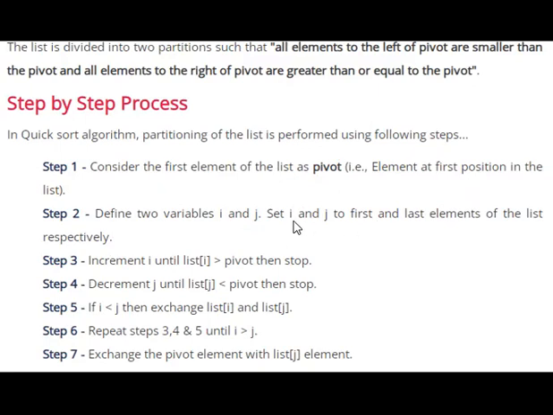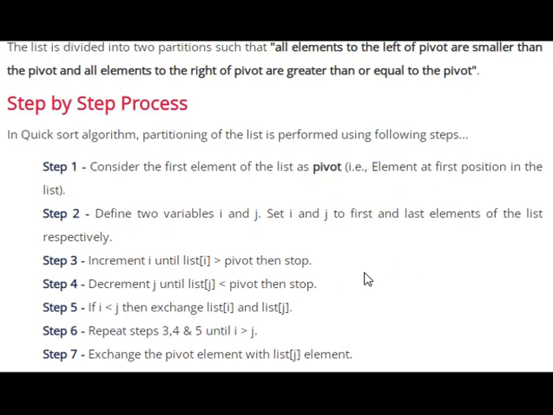Then set i and j to the first and last elements of the list. Then increment i until list[i] is greater than the pivot. That is, the condition is that the i value be greater than the pivot.